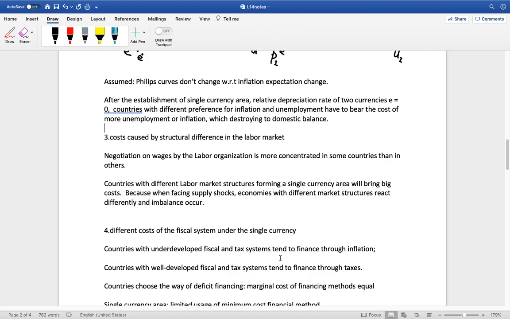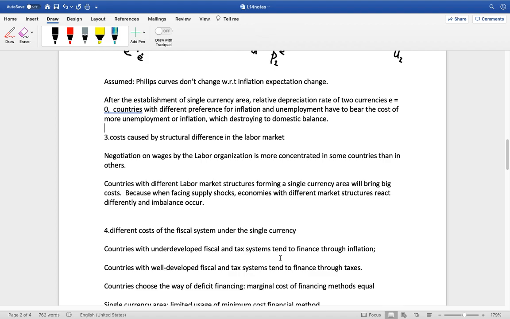And in case of a supply shock, the decentralized market structure is also not beneficial to the adjustment of the wage.